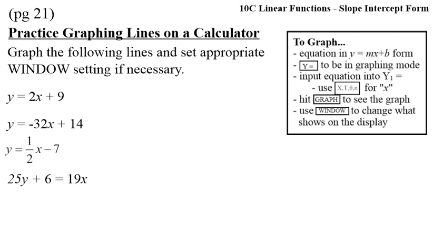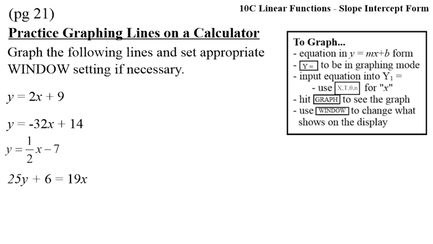So let's go to this question here now. If you look at page 21, page 21 gives you a whole bunch of graphing that can be done. With all that graphing, you're going to have time to practice on some of them. I just want to take a look at 4 of them. Make sure you understand what's going on.